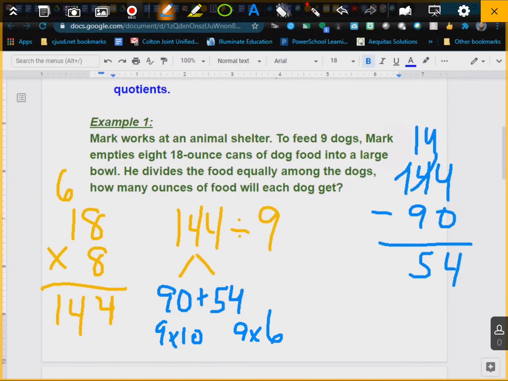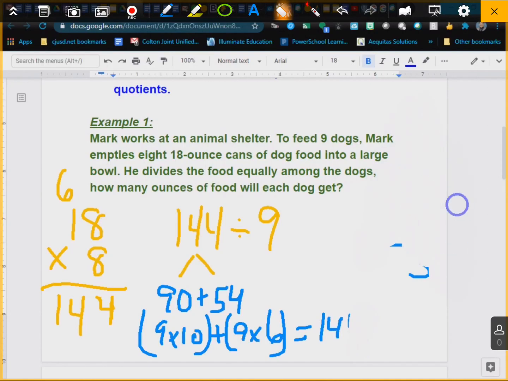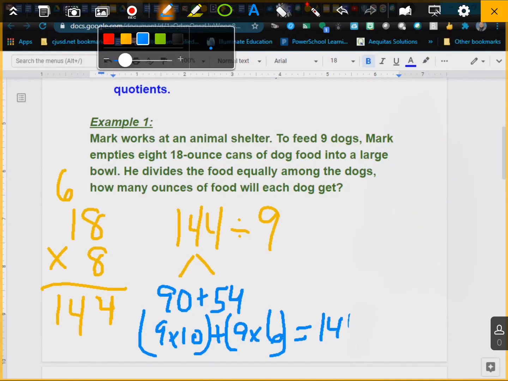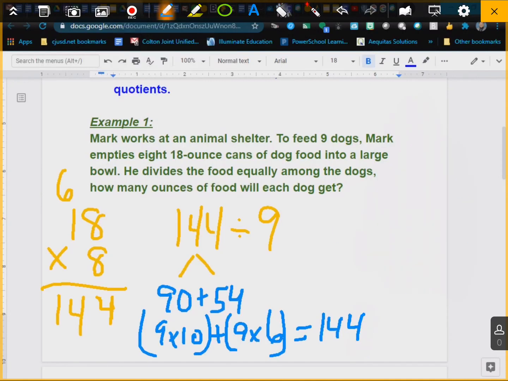So that being said, I know that when I take 9 times 10 and I add it to 9 times 6, that's going to get me 144. Okay? Now there's a reason I did this. And the reason is that I need to know what my answer is. So I took 10 and I took 6. That equals 16.